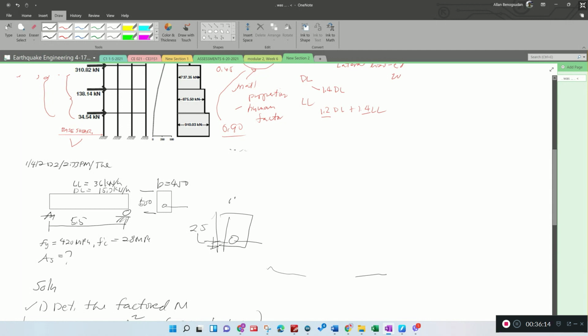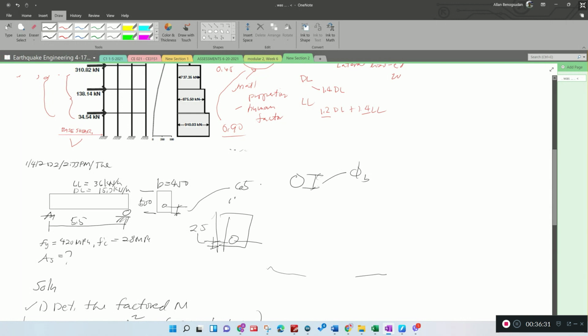But this one is not given. But we usually say an assumption here equal to 65, because we do not know yet how much this is. This one is still in process.